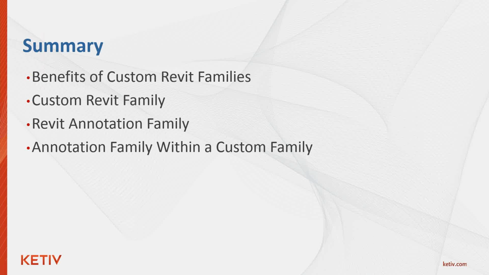We also talked about how to create a custom Revit family. So we talked about selecting the correct family template, which is very important, creating the parametric framework, which is another important step, and adding a connector and assigning materials to the Revit family. We then went over how to create an annotation family, which is like a label or a tag.